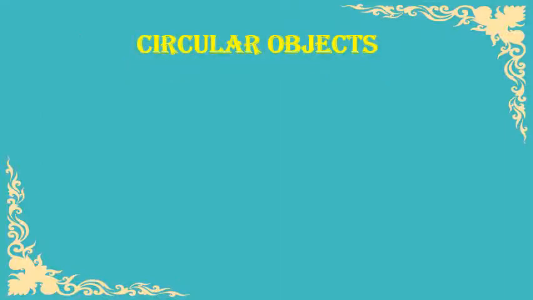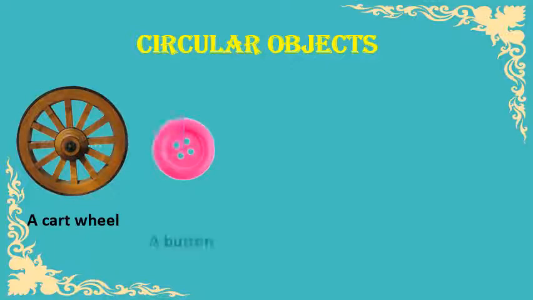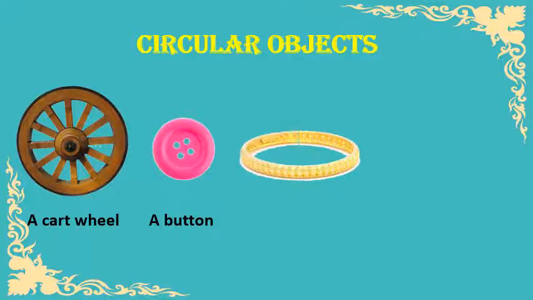Now students, we will proceed to today's portion, circular objects. Please observe this. This is a cart wheel. This is a button that we use to put on the shirt and all that. This is a bangle. Girls wear this.